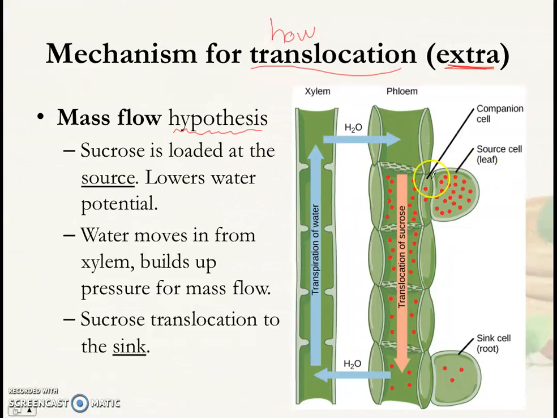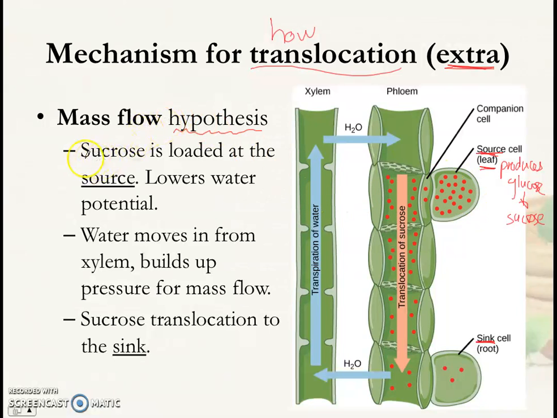Imagine, in the phloem, sucrose is always transported from a source to a sink. In this case, the source is in the leaf. The leaf produces glucose, and that glucose is used to produce sucrose, so the source cell, the leaf, has a lot of sucrose.